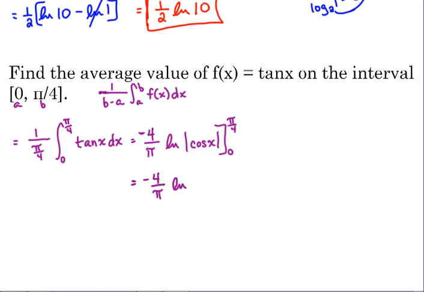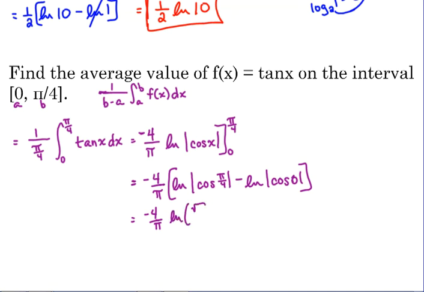So plug in the upper limit, pi over 4, minus the lower limit, 0. I really don't need the absolute value at this moment because I know both those values are positive, but I just left it. The cosine of pi over 4 is the square root of 2 over 2, so that's the natural log of the square root of 2 over 2.